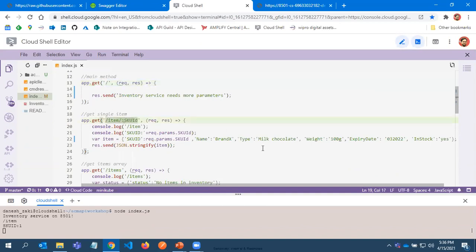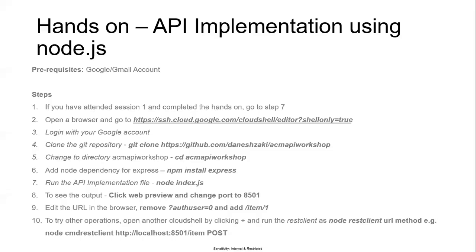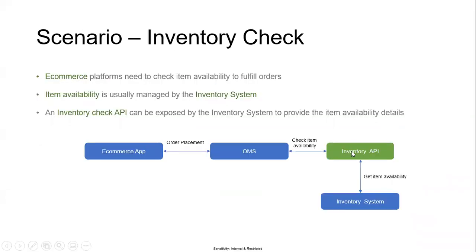If you give the right inputs, which means you give item and the item number, then it will give you this particular item's details. As you can see, this is just hard coding, but in real life, you will either go to a database or call another API or talk to another application and get those details. As I mentioned, this inventory API will talk to an inventory system to get the details and give it back to this OMS.